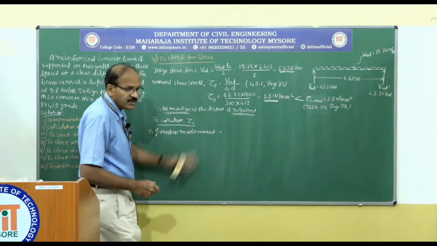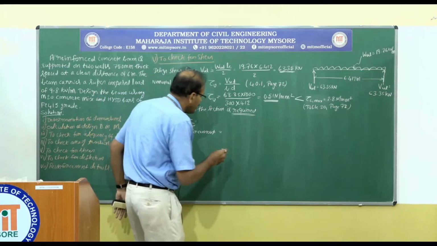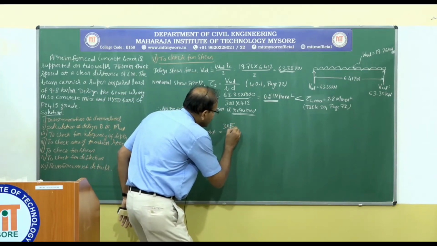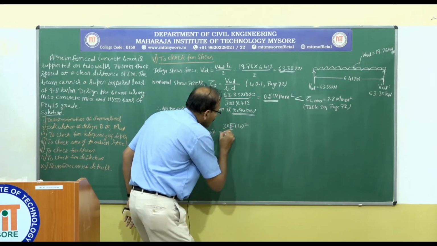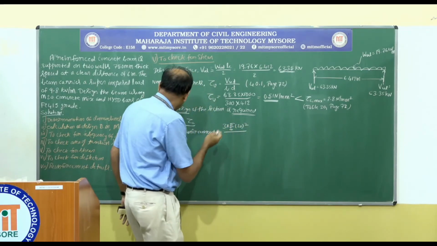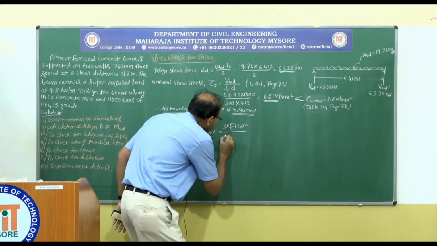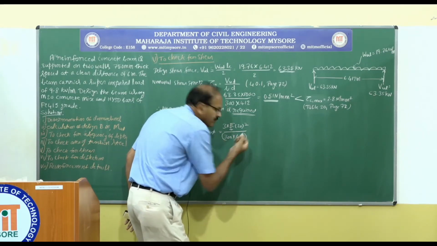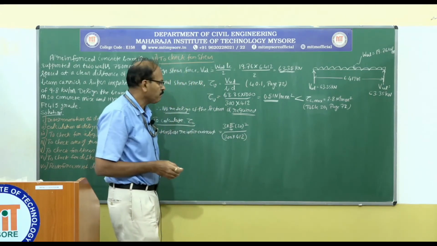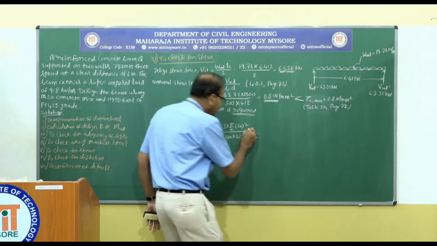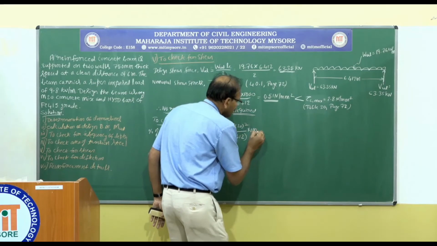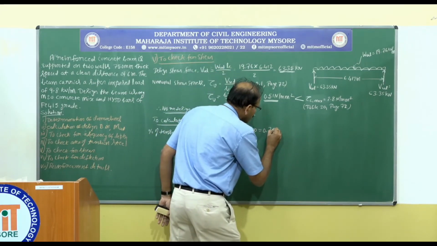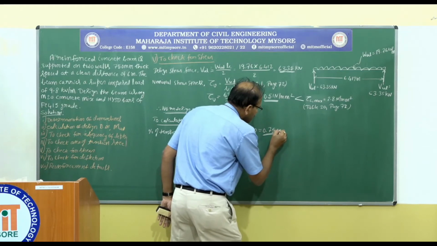So, percentage of tension reinforcement at that section is, we have 3 bars of 20 millimeter diameter divided by BD. What is B? 300. D is 412. Okay, multiplied by 100. We are going to get this value equal to 0.75%.